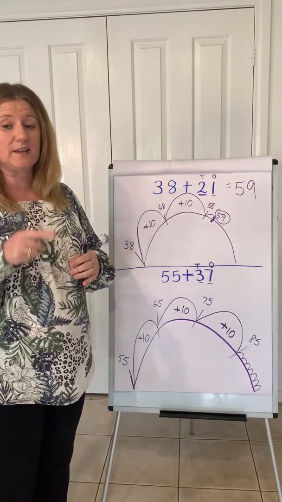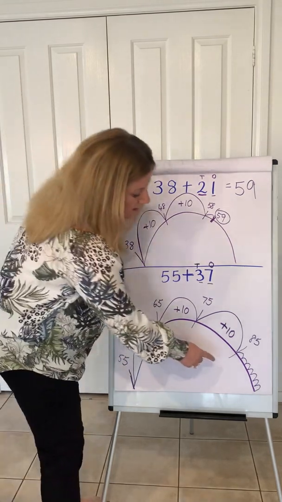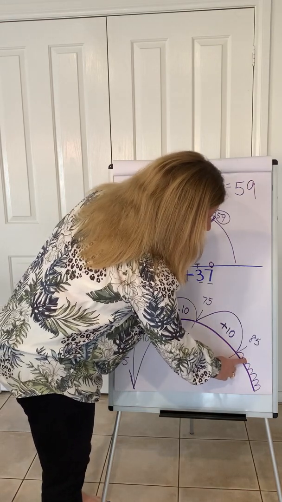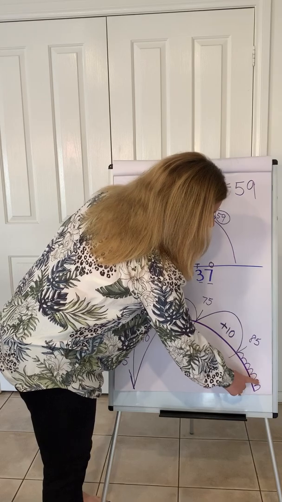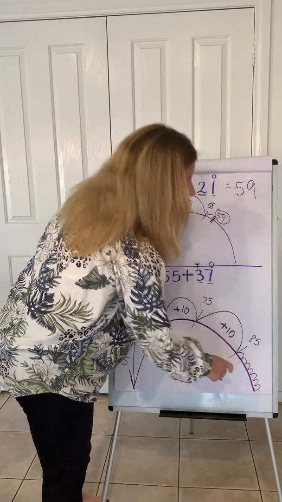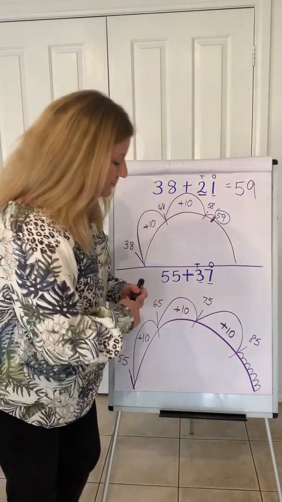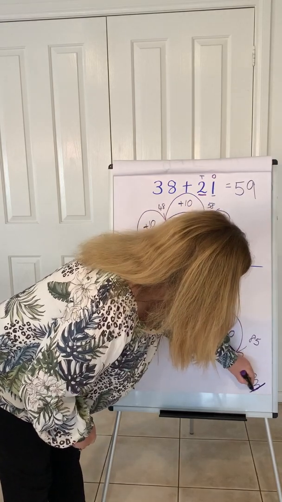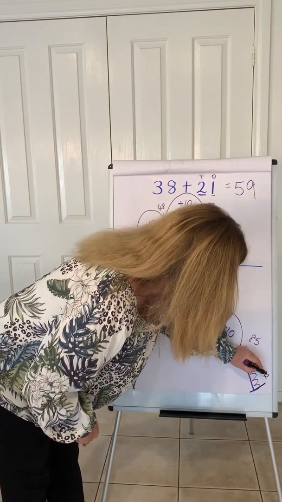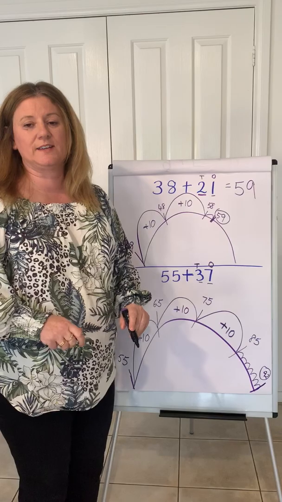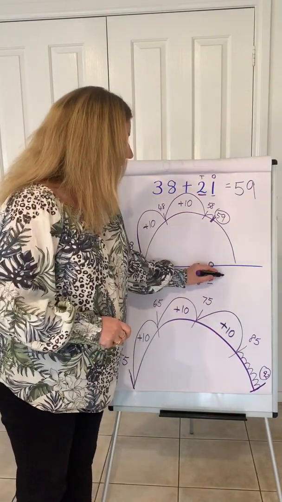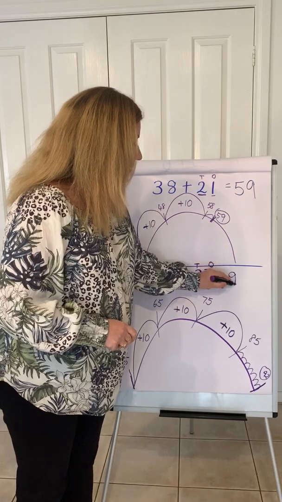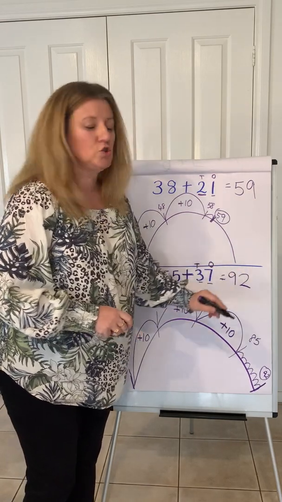I start from the next number. 86, 87, 88, 89, 90, 91, 92. Guess what? 55 plus 37 equals 92.